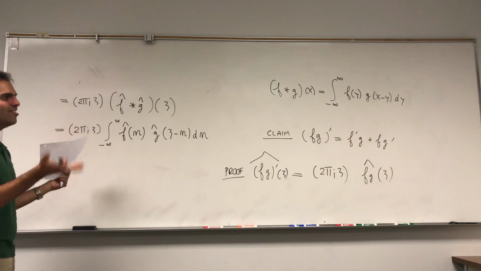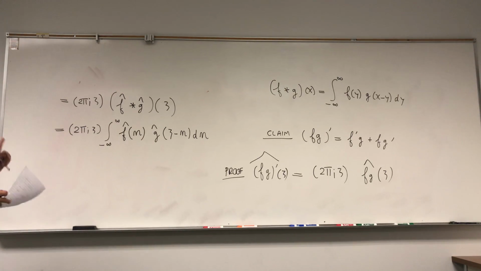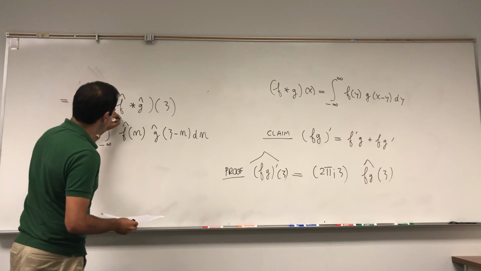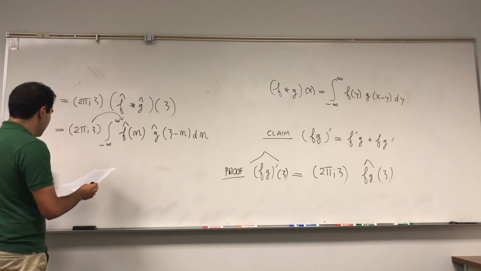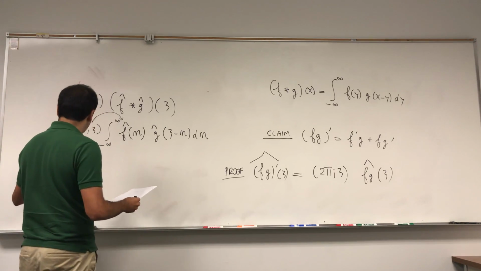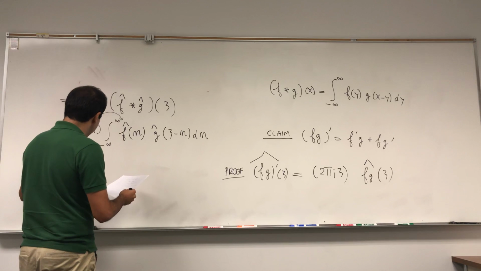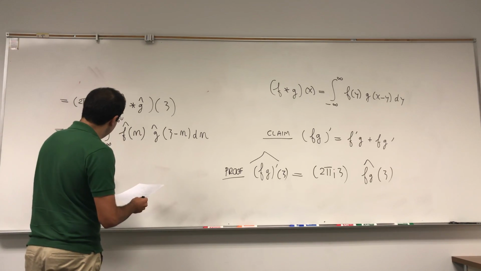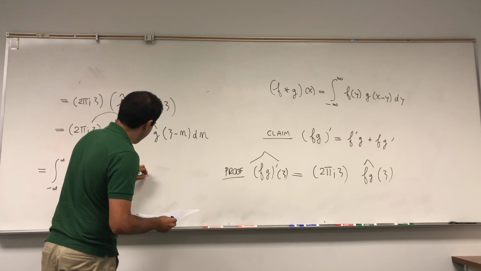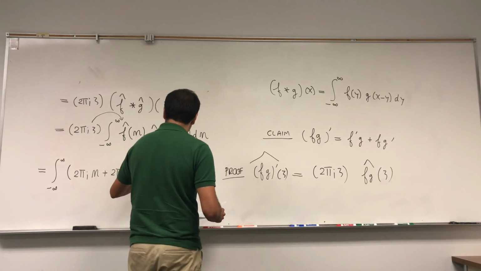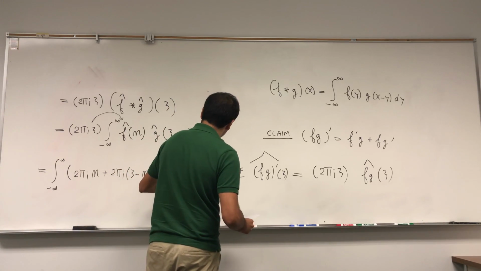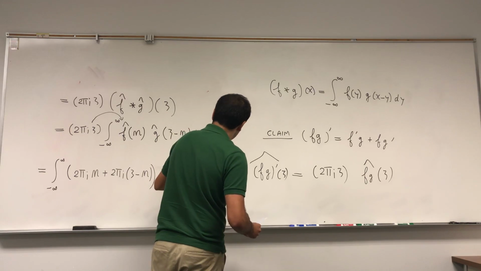The question is, how can you write this in terms of f prime and g prime? Here comes a super clever trick. First of all, put this inside, and moreover, decompose this term as follows. 2 pi i xi is the same thing as 2 pi i eta plus 2 pi i (xi minus eta), times f hat of eta g hat of xi minus eta d eta.